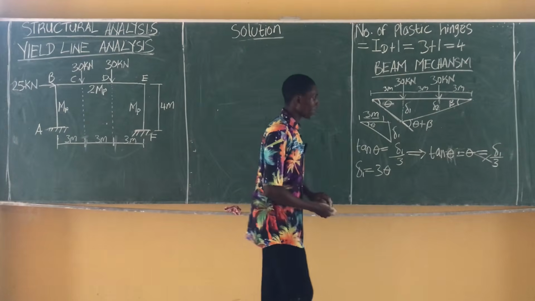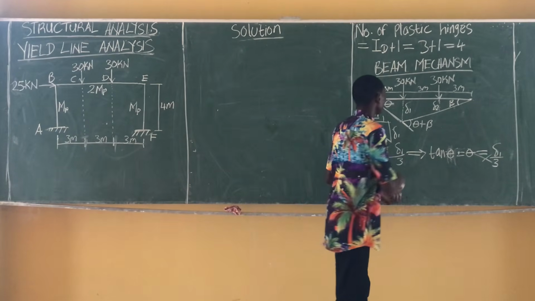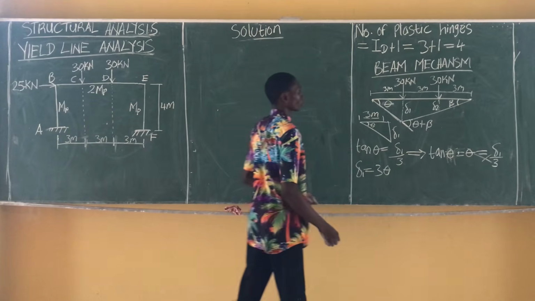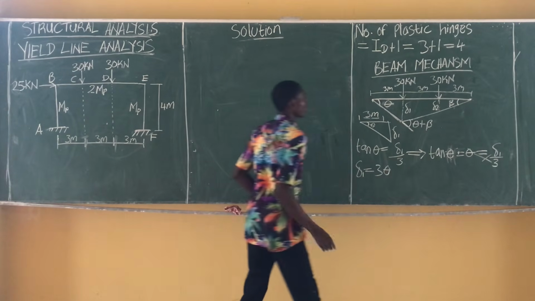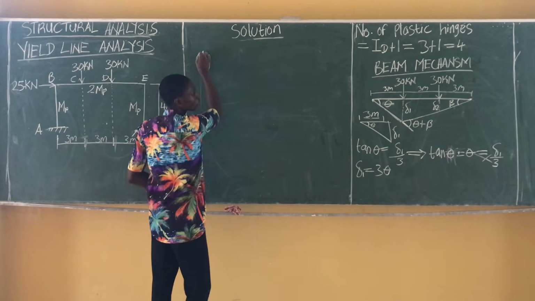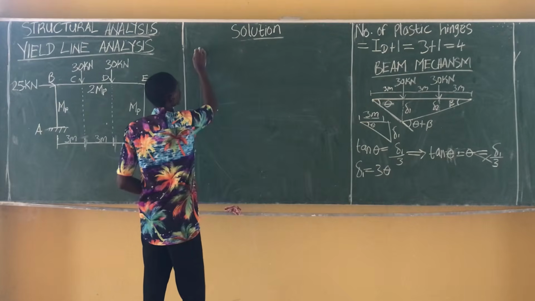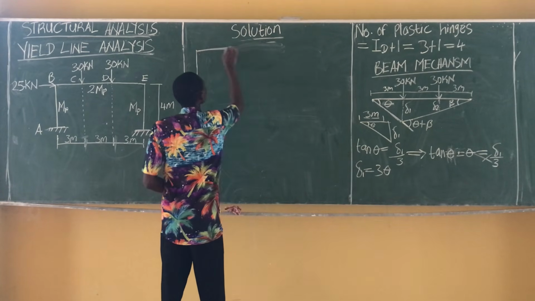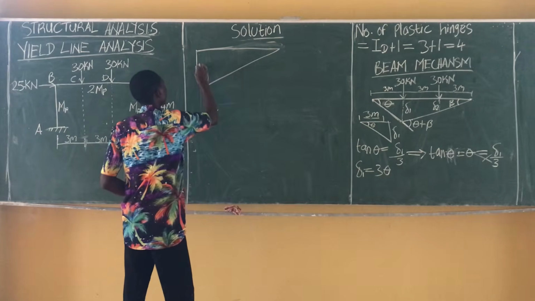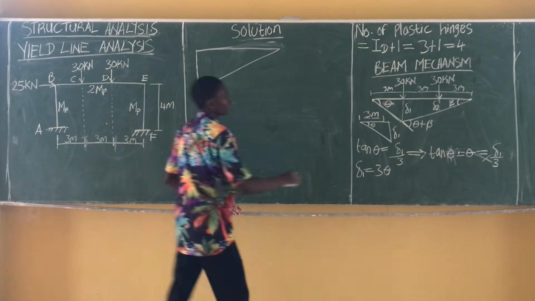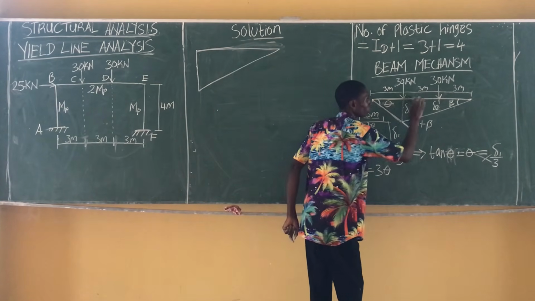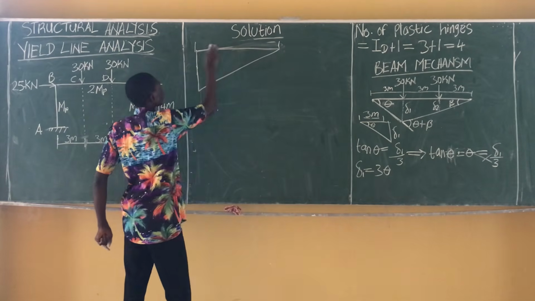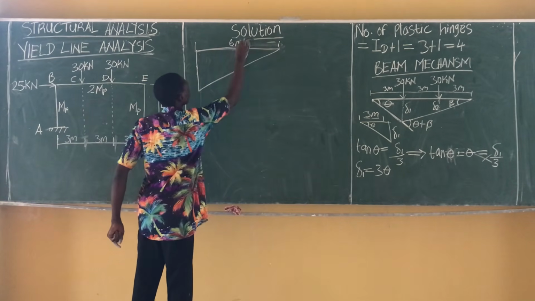We know that our theta is equal to this over this. Now let's get from this point. If we consider this triangle, we have the distance from this point to this point to be 6 meters.